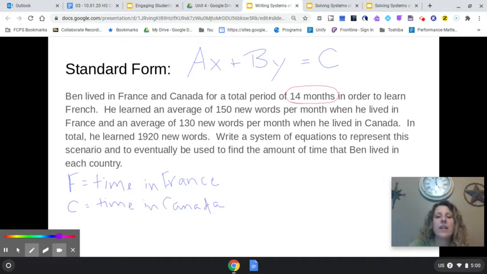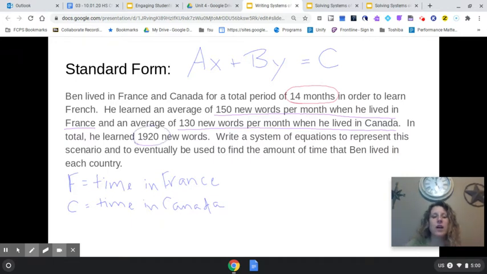So the first one is 150 new words per month when he lived in France, 130 new words per month when he lived in Canada, and we have the idea that he learned a total of 1,920 new words. When we write our equations, we want one of the equations to represent time in months, and we want the other equation to represent new words.